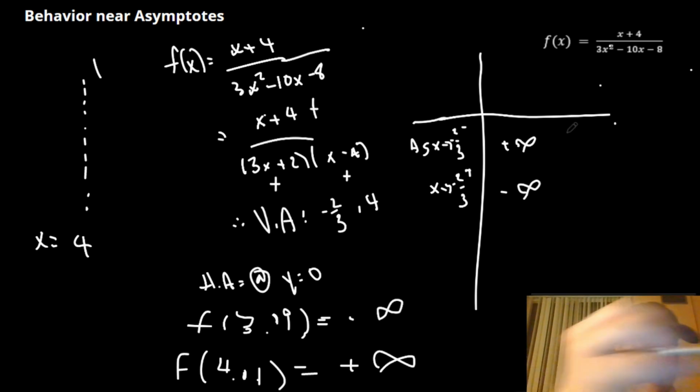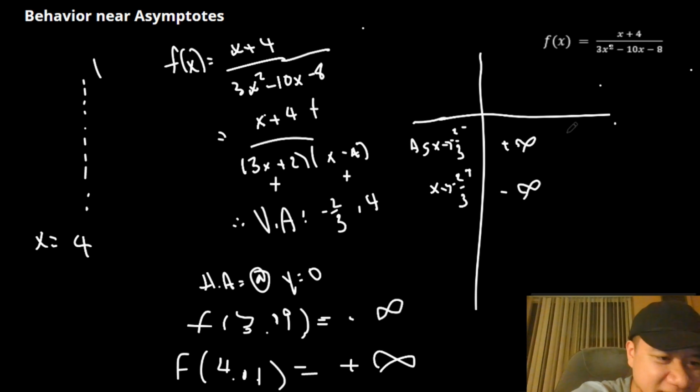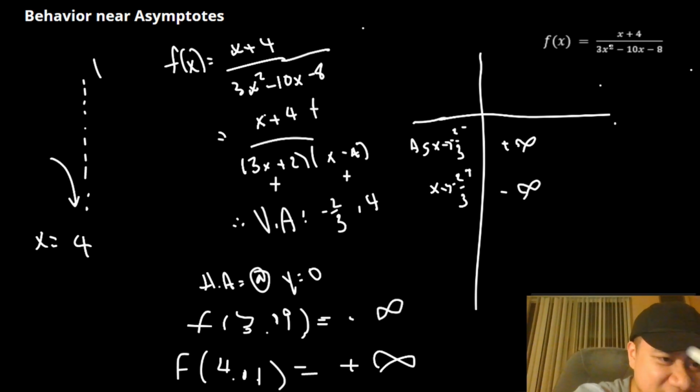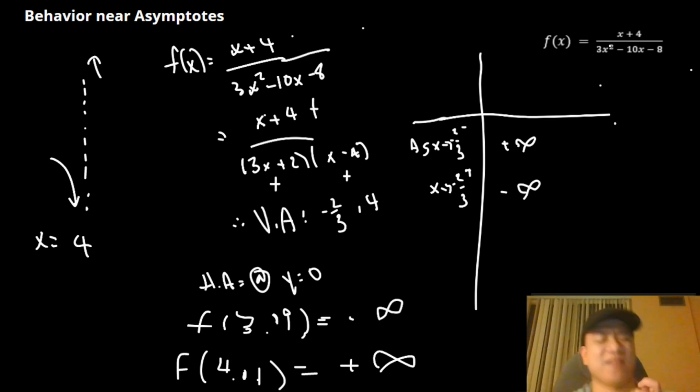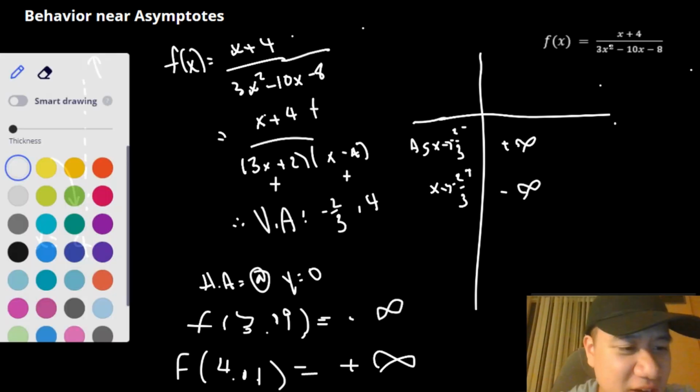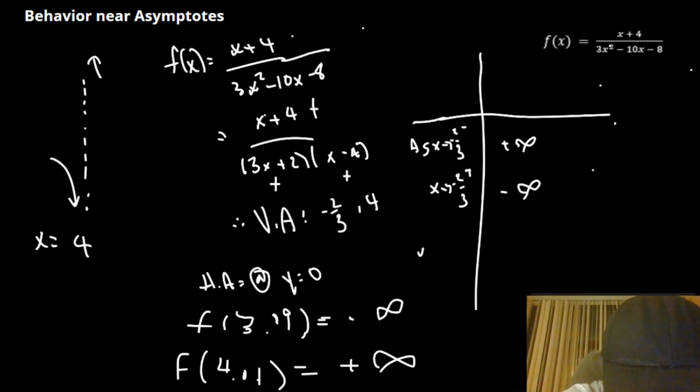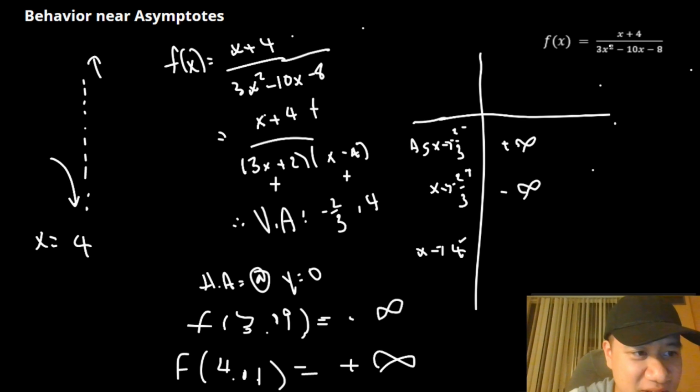Sweet. So if we kind of imagine what it looks like, if you try sketching it out, on the left side, it's going to shoot down like this. On the right, it's going to shoot up like that. Okay. So let's write it out. So as x approaches 4 from the left, so that's from the left over here, it's going to go to negative infinity.